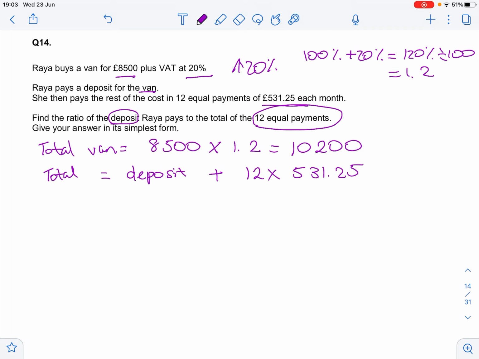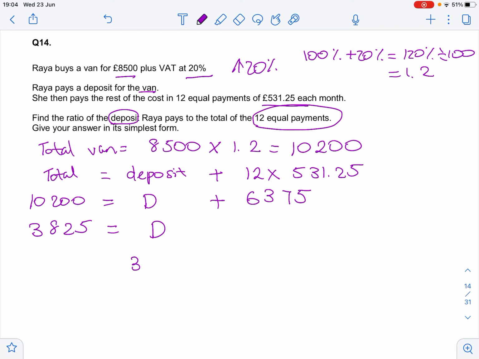So the total amount we know, which is 10,200, is equal to the deposit plus 12 times 531.25, which is 6,375. Therefore, her deposit must be 3,825.